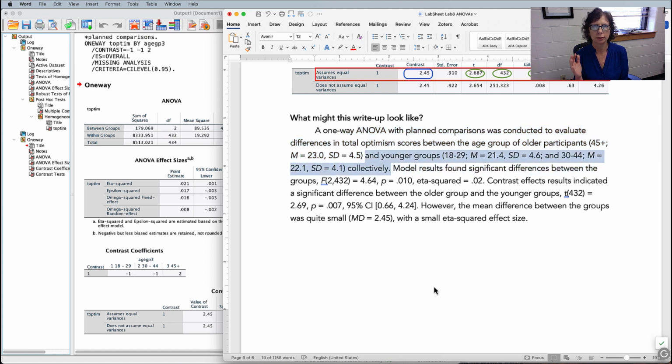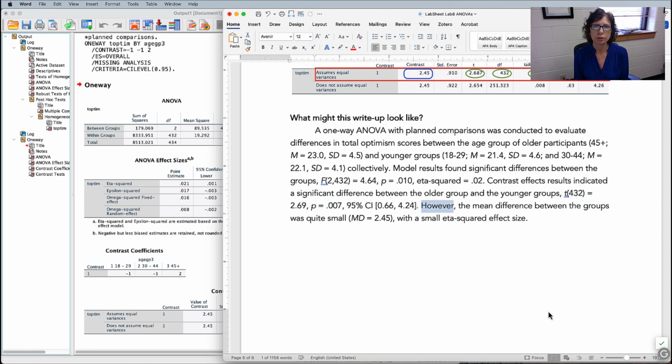So that's a little bit of a different way than what we were seeing before. The model results were significant, and we have our model information. Now the details. Contrast effects indicated a significant difference between the older group and the younger groups. And there's my t-stats line with my confidence interval for the t-test.